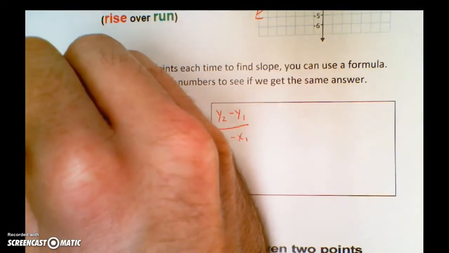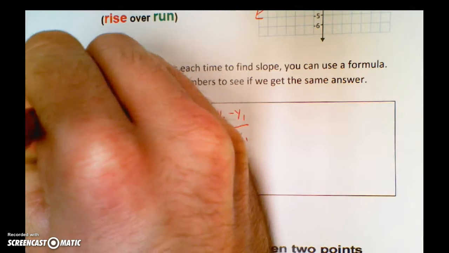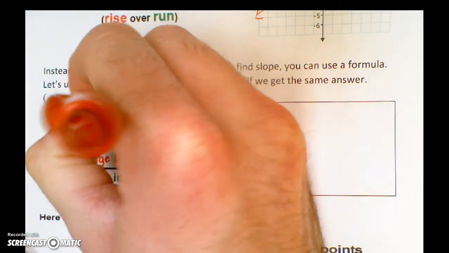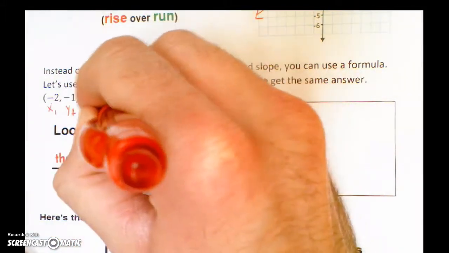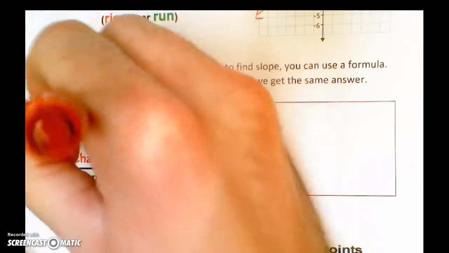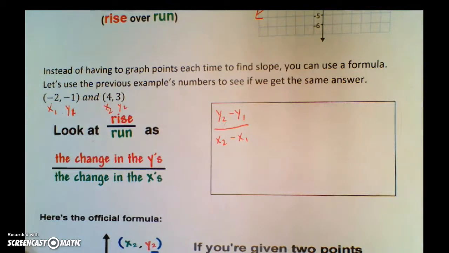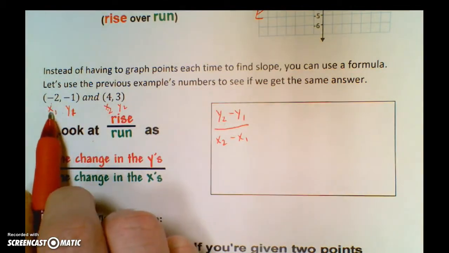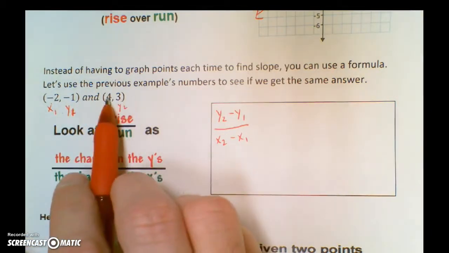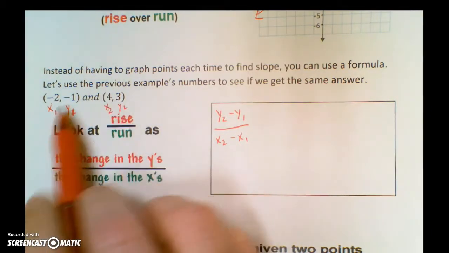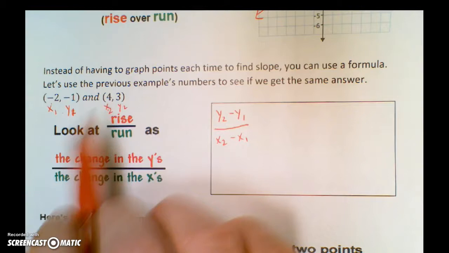And what that comes from is over here, I'm going to label, because remember all your coordinates are x's and y's, right? So this first x value is my x1, this first y value is my y1, then x2, y2. It's just distinguishing and separating them from each other.